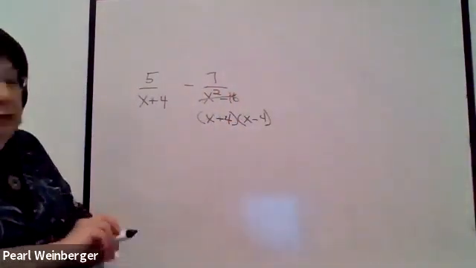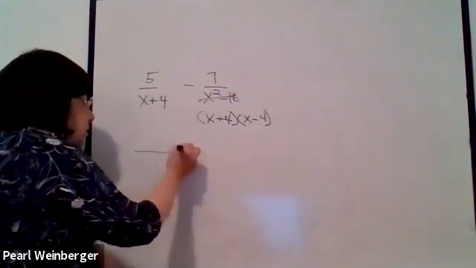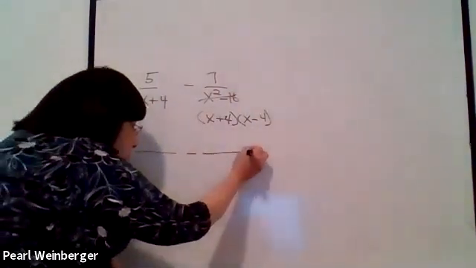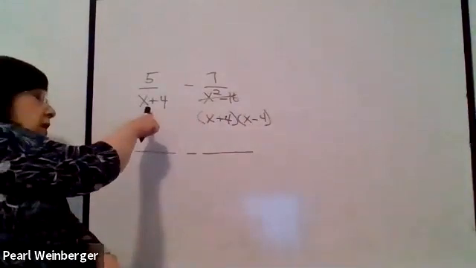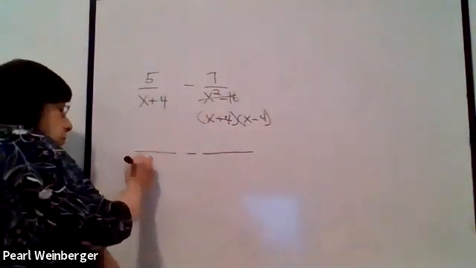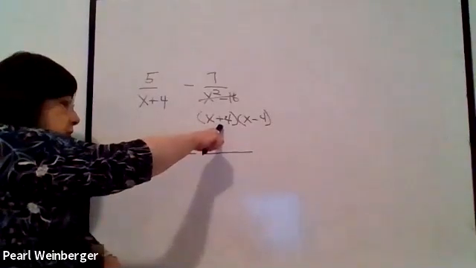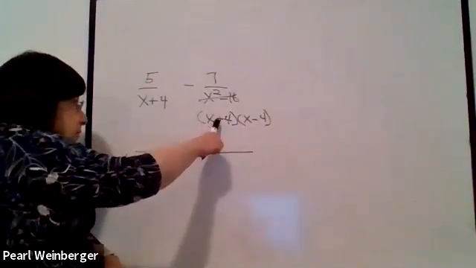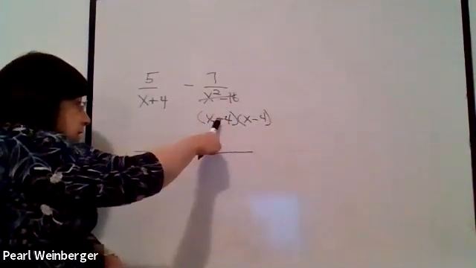And then to find what my common denominator is, I'm just going to look at it. I'm going to take everything from my first fraction, which is the x plus 4. And then I'm going to go to the next fraction. I already have the x plus 4, so I don't have to count that again.